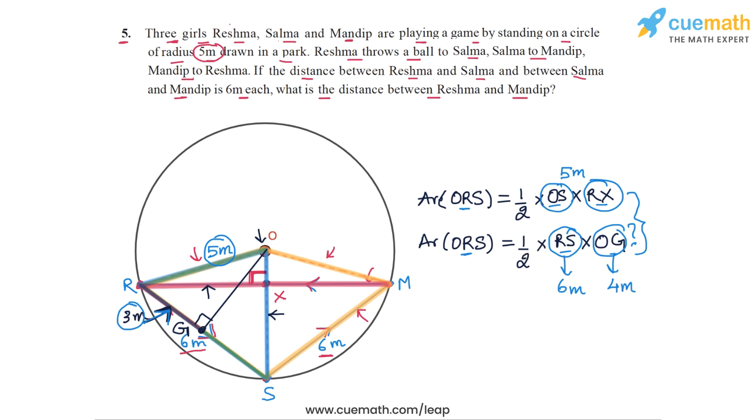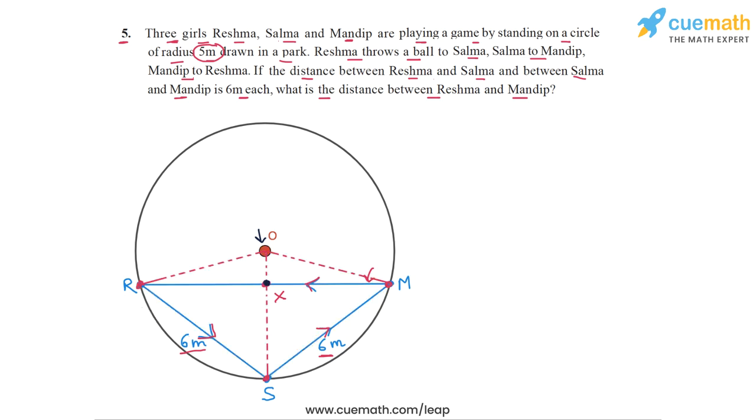Okay, now let's write out the solution step by step. In step 1, we said that we will consider the quadrilateral ORSM. In ORSM, we have OR equal to OM and SR equal to SM. As I write these segments, you can observe the figure and just visualize the various segments in your mind.